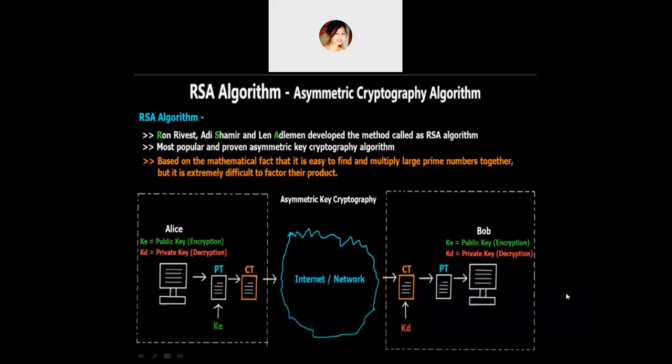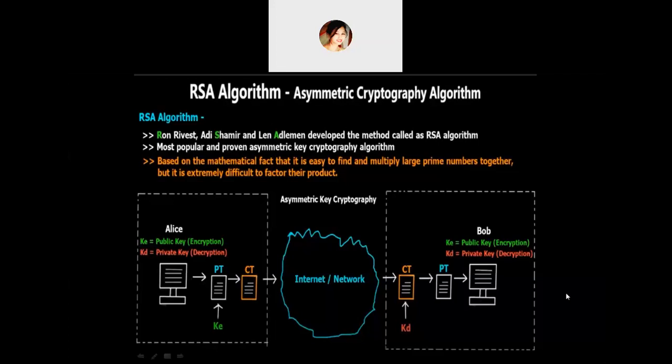Definitely this type of encryption is used over the internet because we share so much information every day. When a message is encrypted using the public key, it can only be decrypted using the private key.